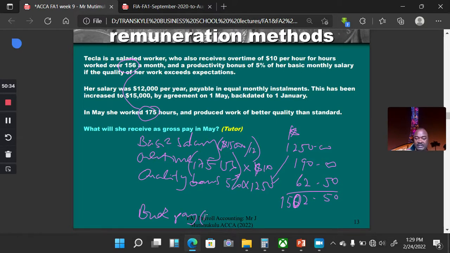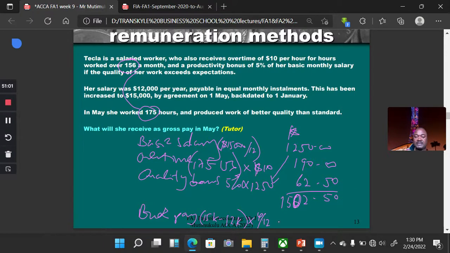That's 15,000 minus, they used to get 12,000, so minus 12,000, multiplied by 4 months, 4/12. Don't just say 4, because if you just say 4, you produce a very big figure and you distort everything.